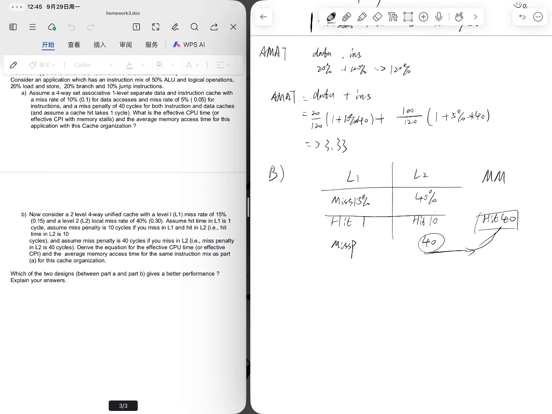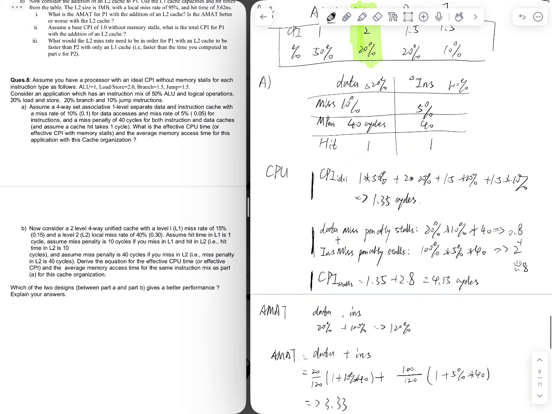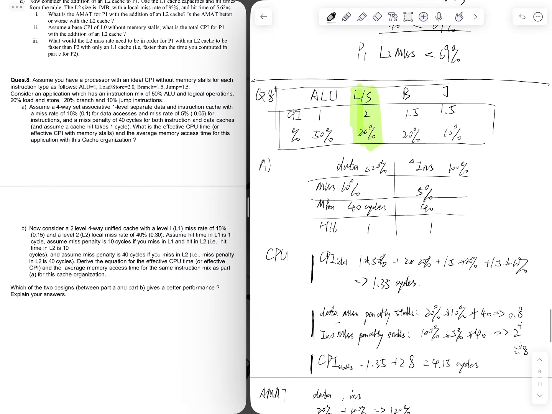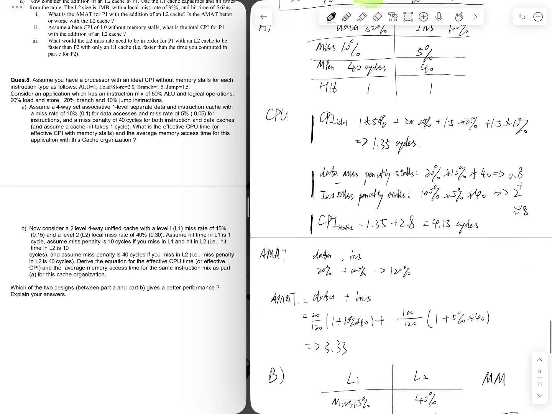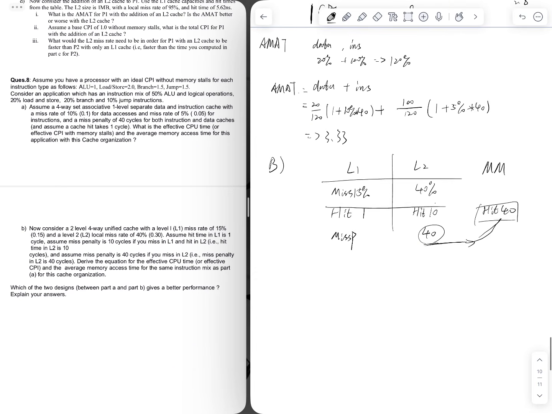Okay? And remember, we will still have this kind of table, right? Are we still considering the data and instructions? Yeah, sure.